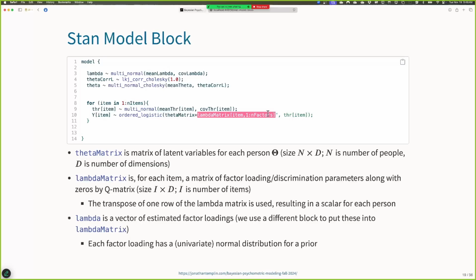We left off there. But in the process of doing this, when we have our theta matrix, we actually have to go and describe theta using a multivariate normal distribution. And instead, we use this multinormal Cholesky function. The reason we use multinormal Cholesky is it allows us to create a correlation matrix that's the Cholesky factorization of our full matrix.